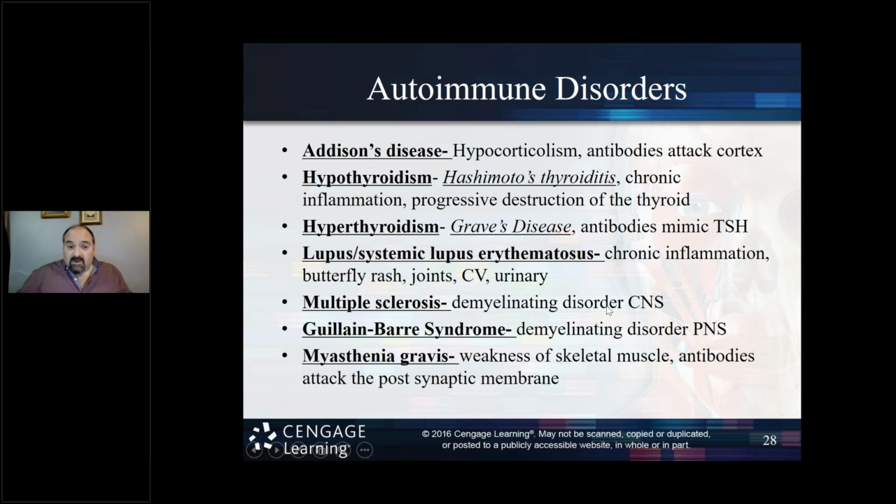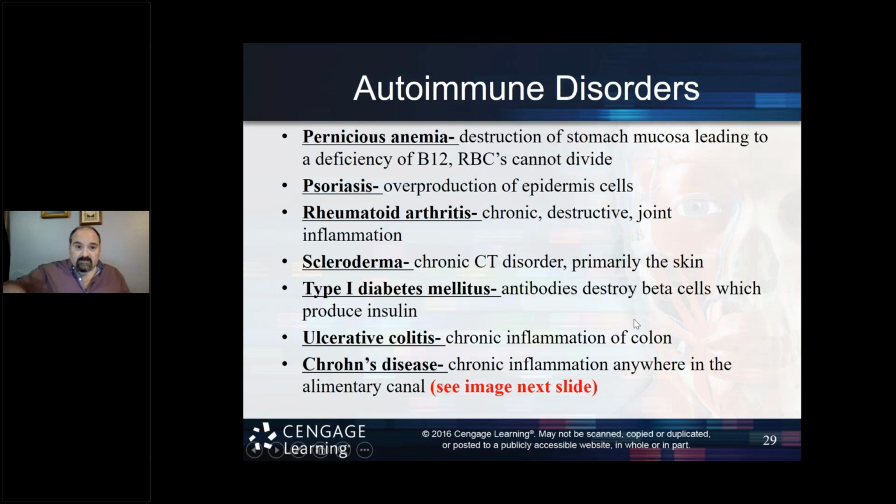Multiple sclerosis we know about, a demyelinating disorder. Guillain-Barré is also a demyelinating disorder, but of the peripheral nervous system, MS of the central nervous system. And scleroderma I mentioned to you also.